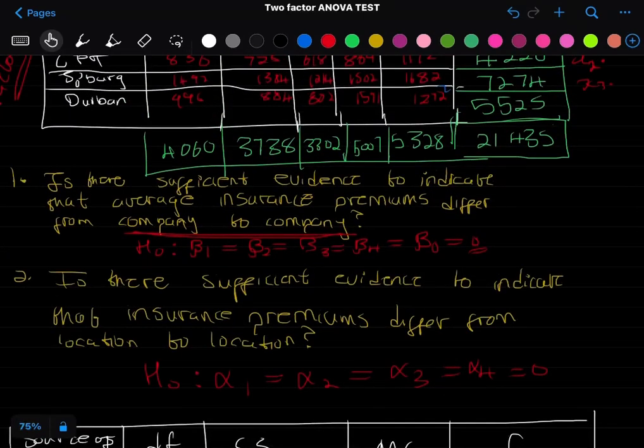Okay. Now we have 4060 squared plus 3738 squared plus 3302 squared plus 5007 squared plus 5328 squared.